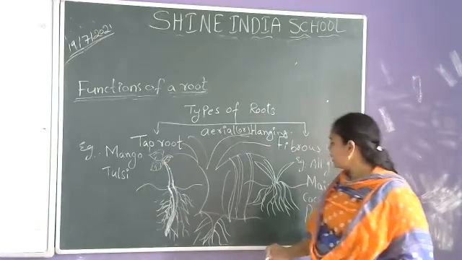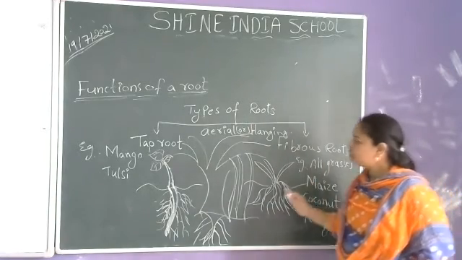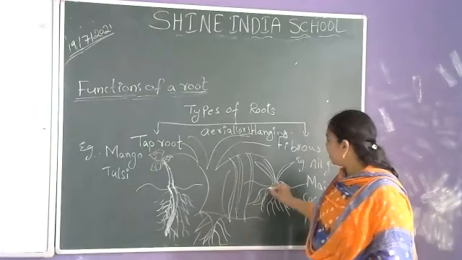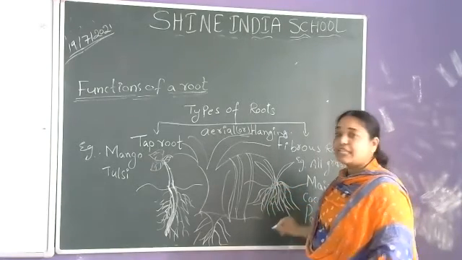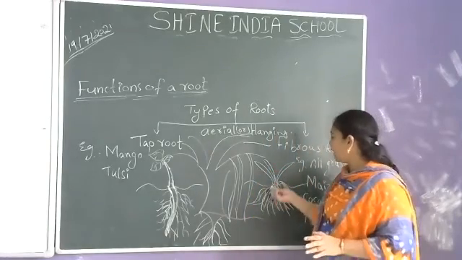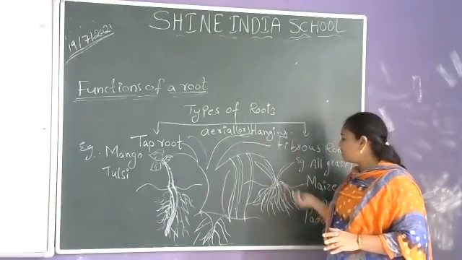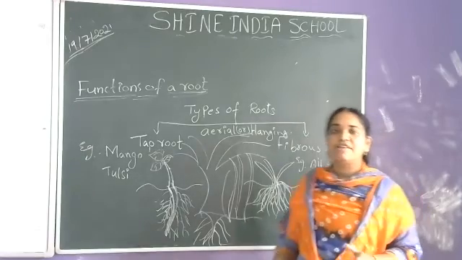Next, fibrous roots. Fibrous roots means a number of roots arise from different portions of the stem. There is no main root; in the absence of a main root, a number of small roots arise from the stem. Such roots are called fibrous roots.